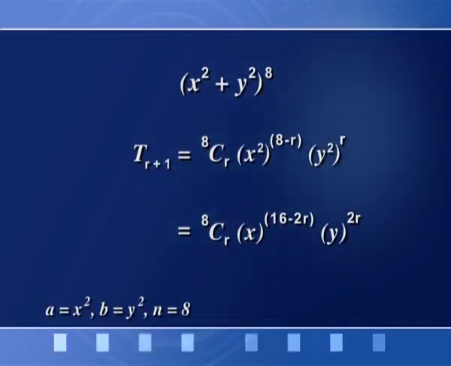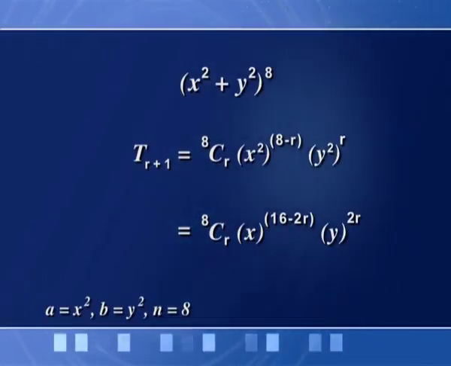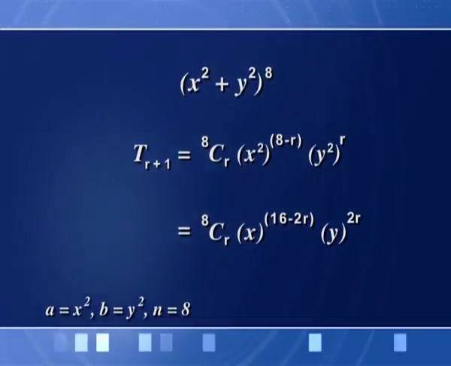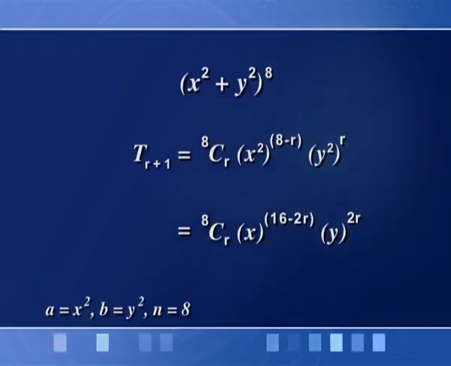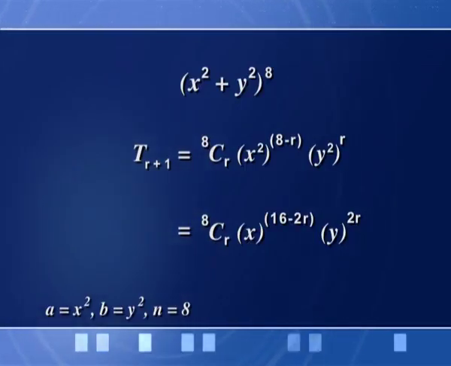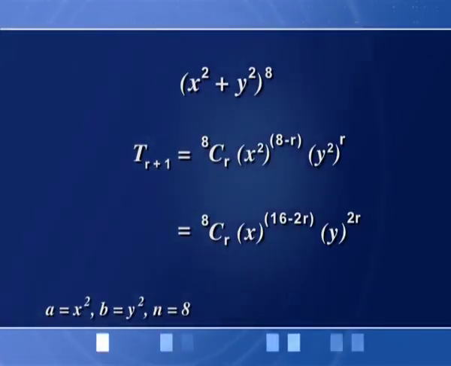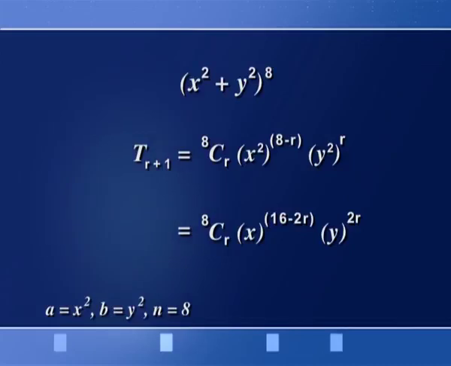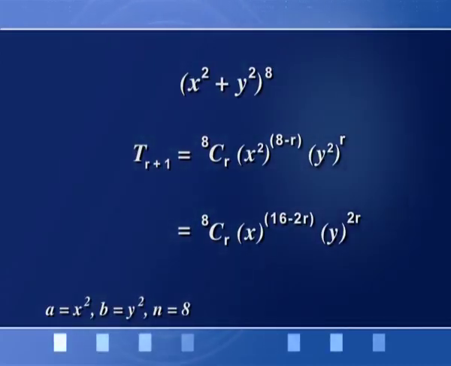On further solving, we get 8Cr x^(16-2r) y^(2r). So this is the general term in the expansion of (x^2 + y^2)^8.